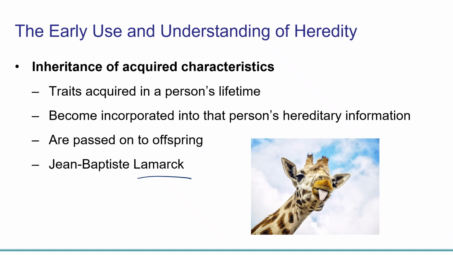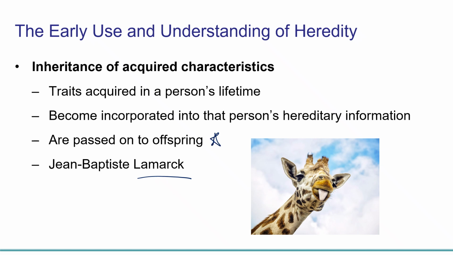His explanation for the variety of characteristics that we see in living organisms is that traits are acquired during a person's lifetime. And then during their lifetime, that information is sort of deposited or recorded into your hereditary information, and then that information is passed on to the offspring. So he got a little bit of it right.